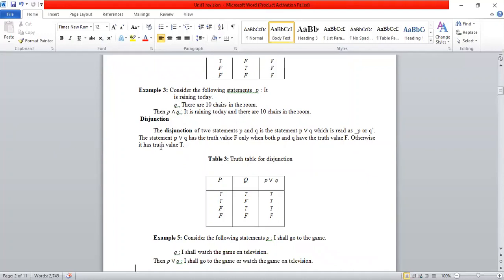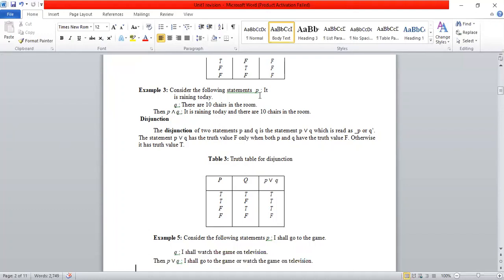Otherwise, it has truth value T. By looking at this table, you can easily remember that whenever P and Q both have truth value false, then only P or Q will have truth value false. Otherwise, it has truth value true.